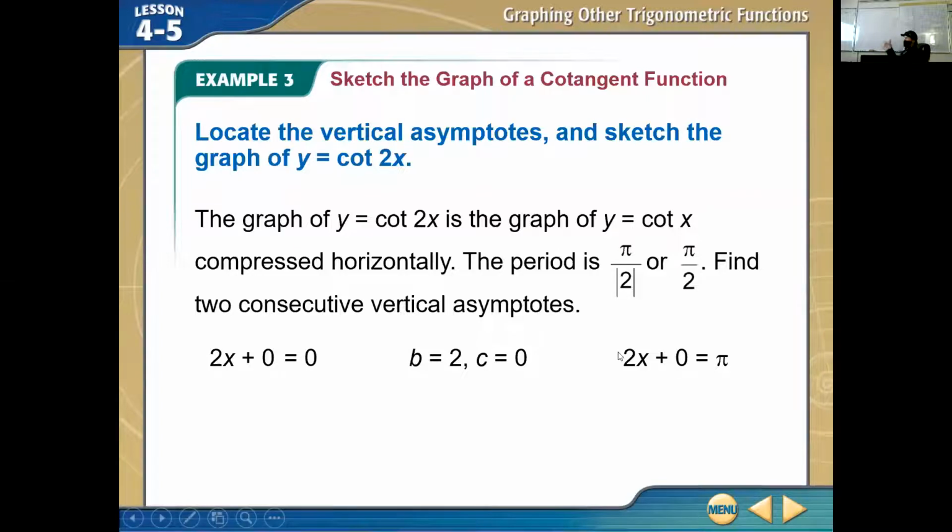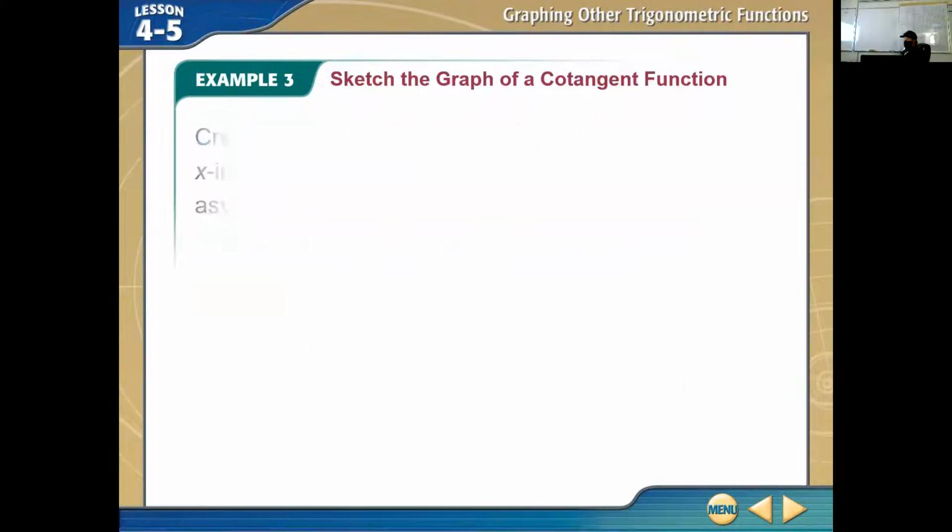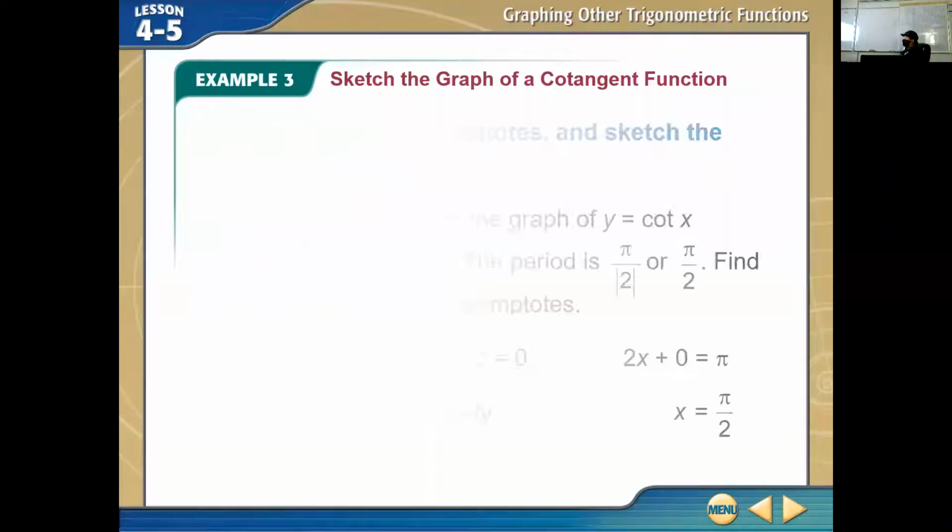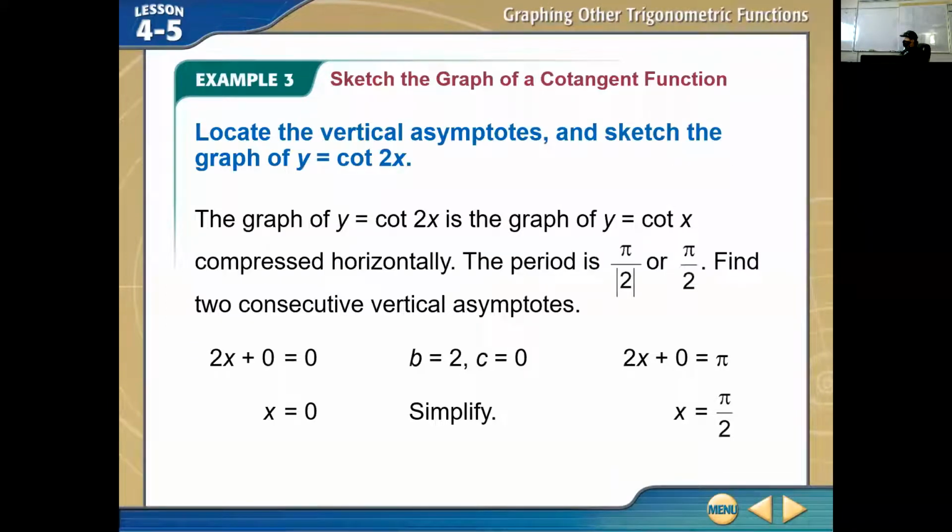So in this case, to find the x-intercepts for cotangent, we'd set it equal to negative pi halves and pi halves. But here we said we're finding our asymptotes, so they set it equal to 0 and pi.